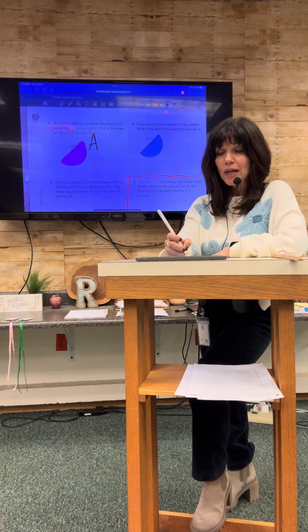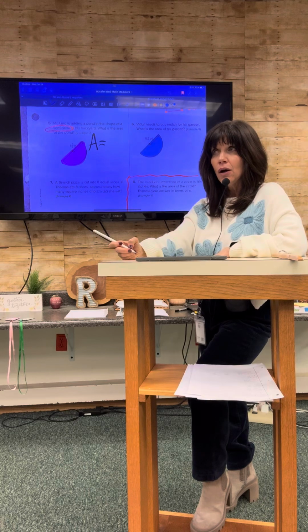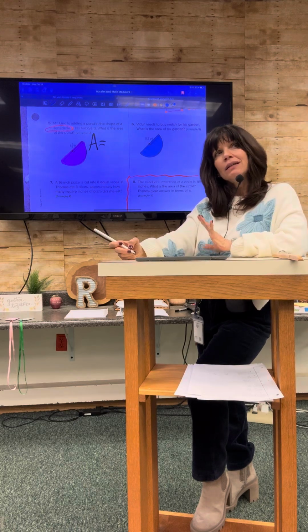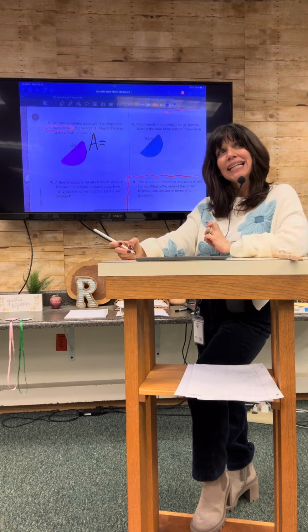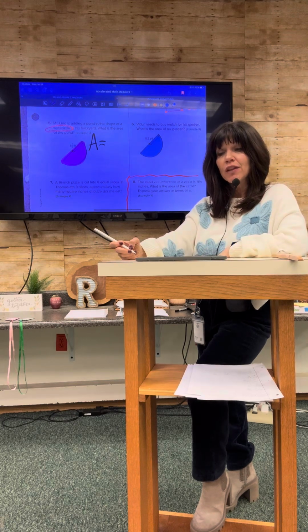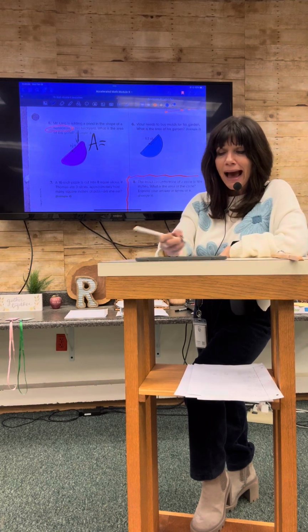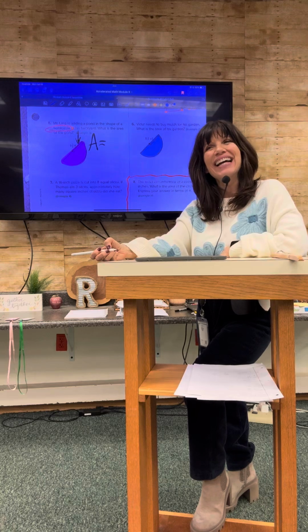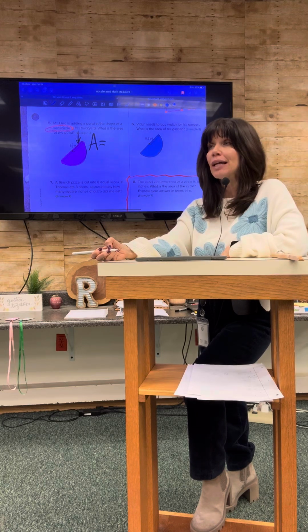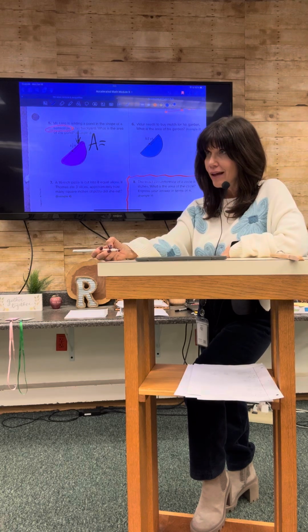Should we use the same formula, or should we tweak it just a little bit? What do you think we should start it with if we only want half of the circle's area? What fraction shall I begin this with?